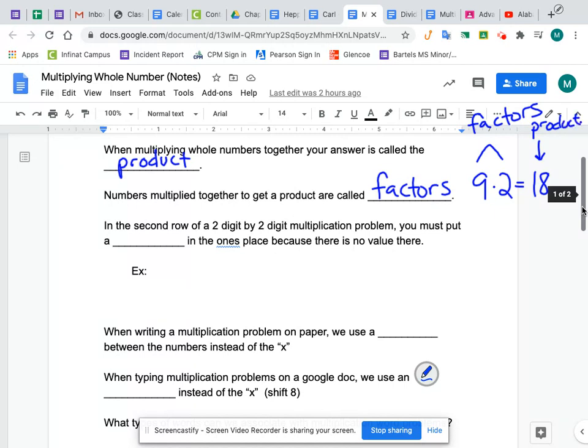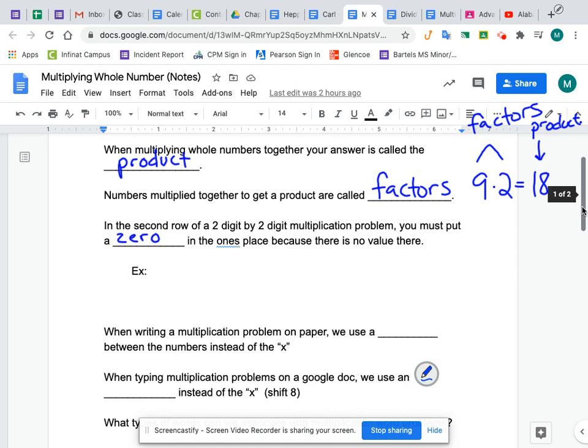All right. So now, in the second row of a 2-digit by 2-digit multiplication problem, you must put a 0 in the ones place because there's no value there.